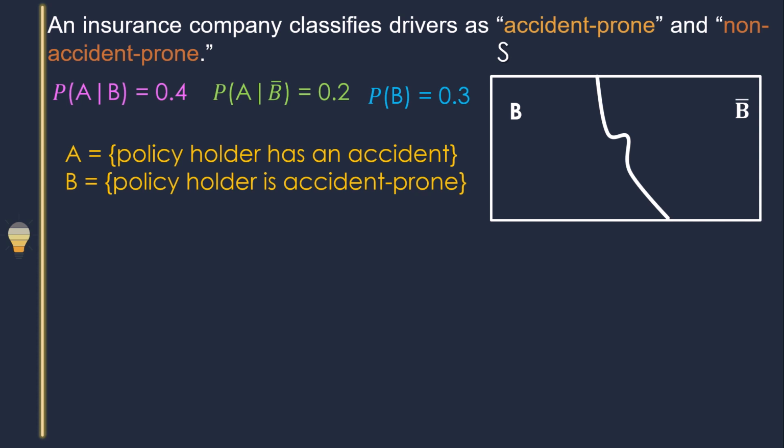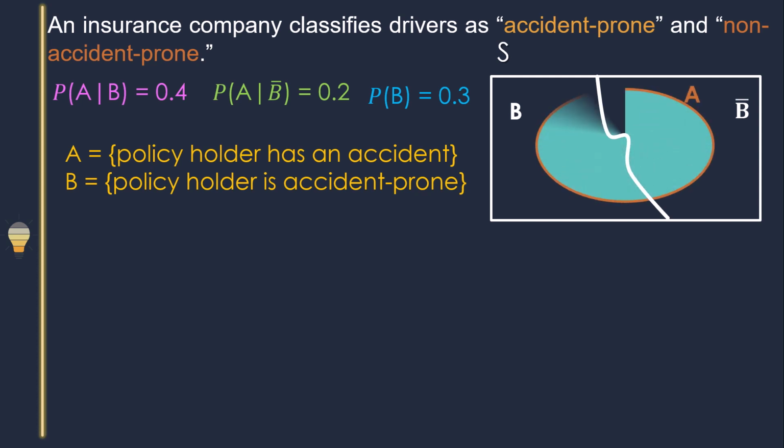So there must be drivers who have an accident in both groups. Therefore, we can represent A like this. So A has two major parts. What are those two parts? First one, A intersection B, and next one, A intersection B complement. These two events are disjoint.